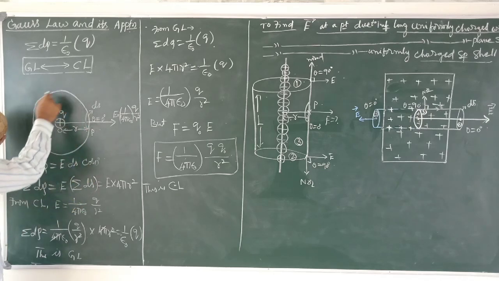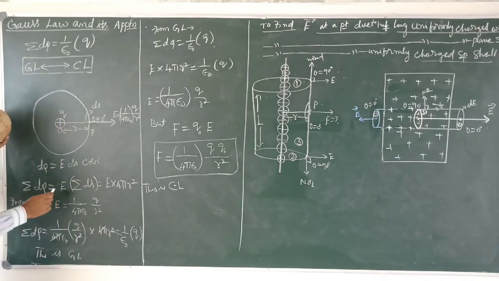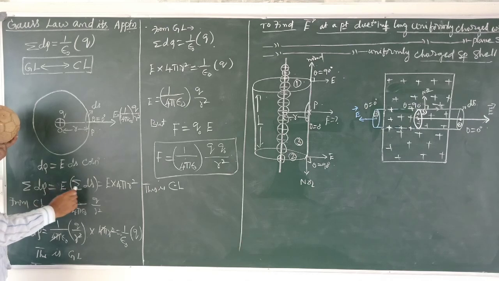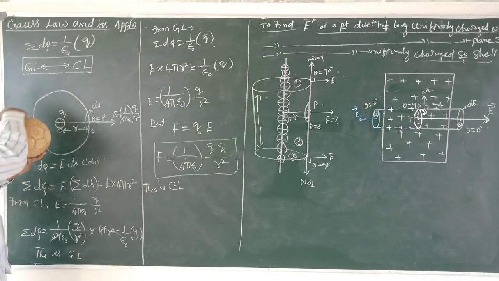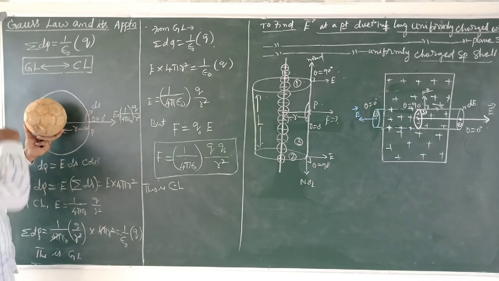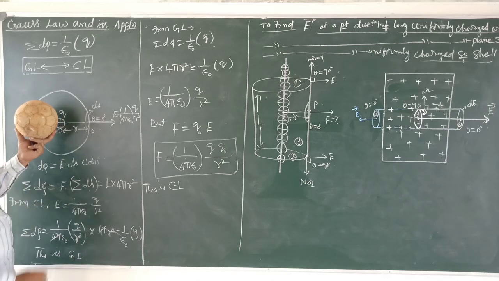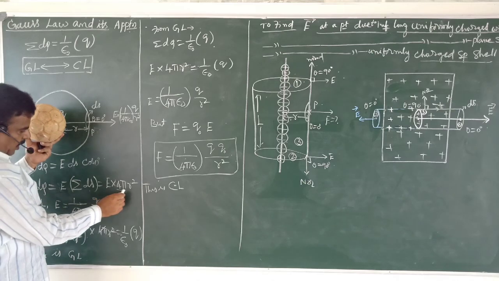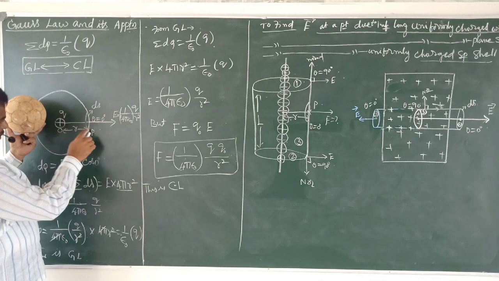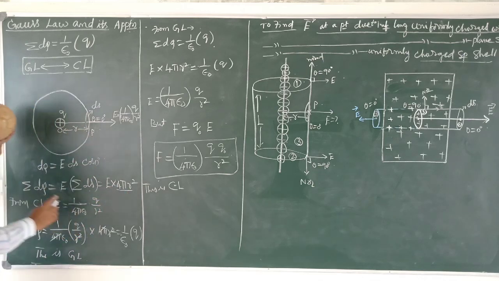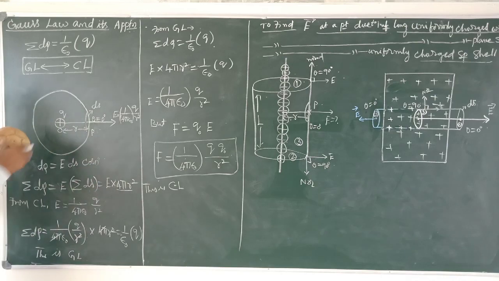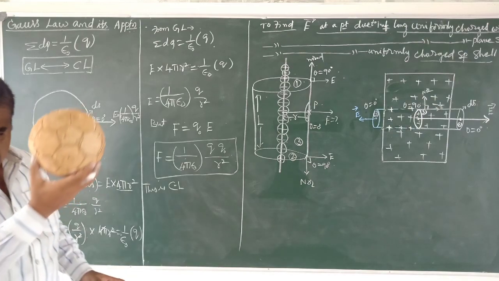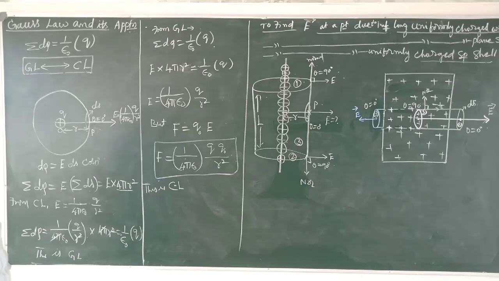Theta is 0 at all points. Therefore, E can be taken out of the summation of ds, and summation ds is nothing but the surface area of this Gaussian sphere. The surface area of a sphere is 4 pi r square. So this gives the total electric flux passing through this Gaussian surface.